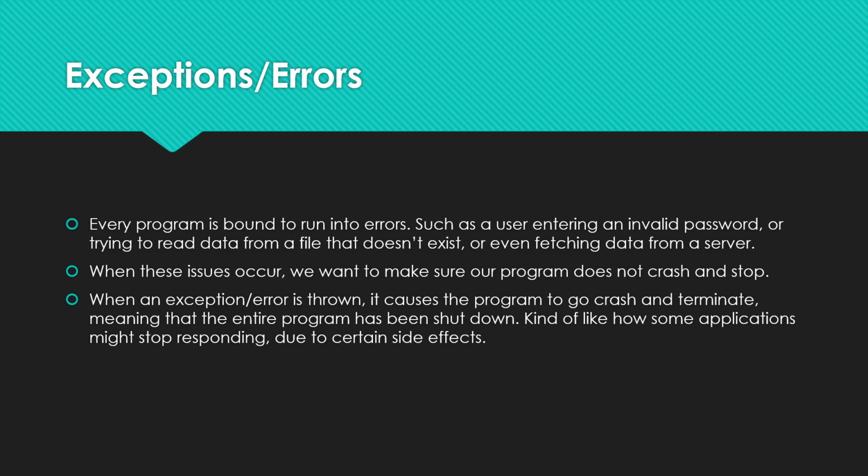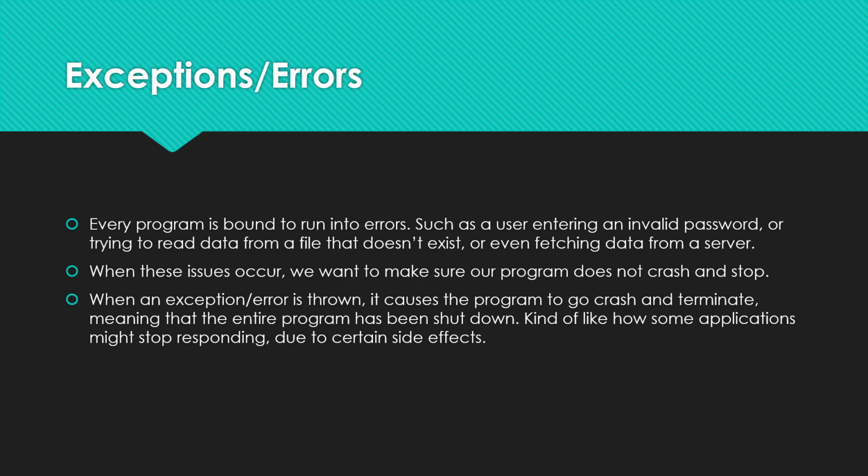When these issues occur, the next couple of tasks might depend on the return value from the operations that threw that error. Quite often when you have these errors, it just crashes the program and it terminates.